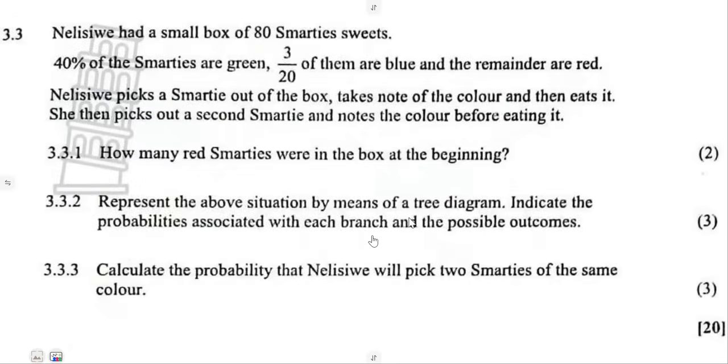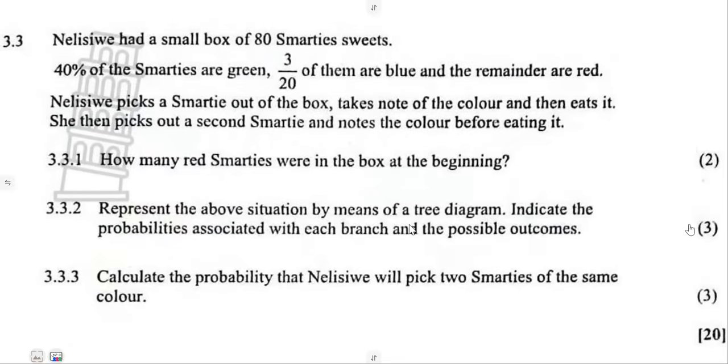All right. So another part, 3.3, we are given a condition which is based back on our probability. We are still on probability. There is a certain lady who has a small box of 80 Smarties sweets.